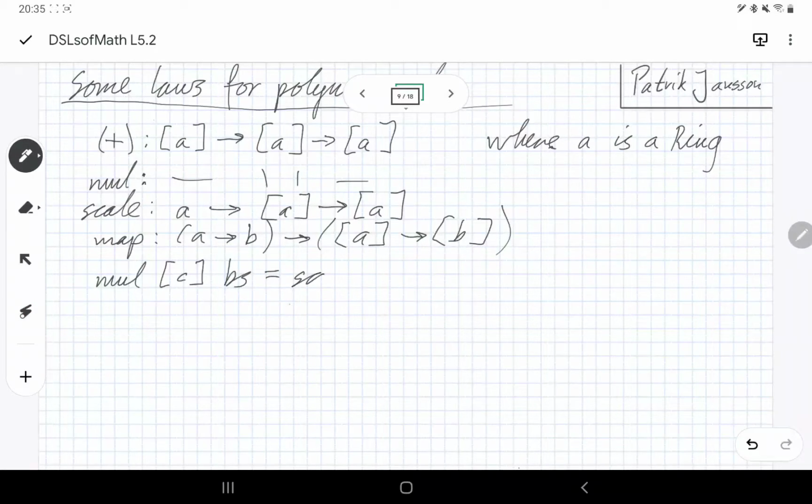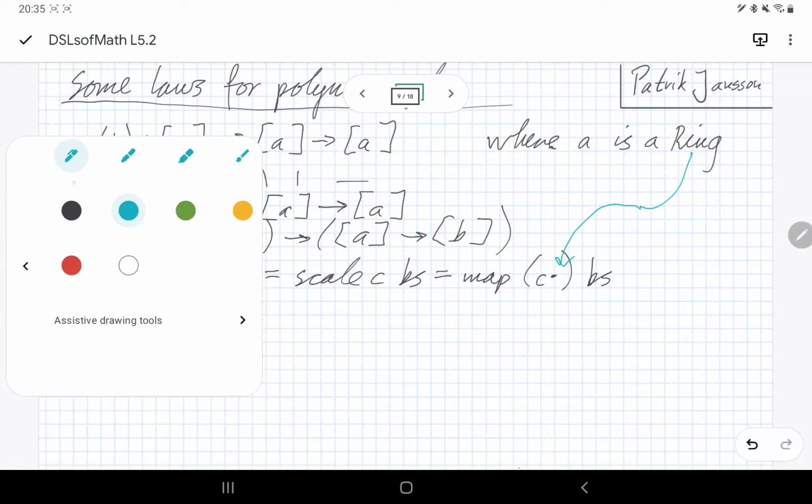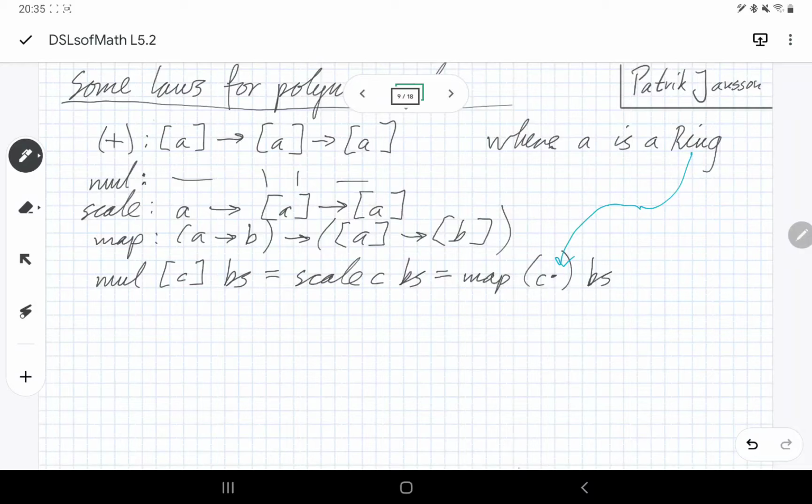So this should be equal to scale C BS. And that in turn, scaling, can be written using map: map C times BS, where then this multiplication operator comes from the ring. Okay, so that is multiplication with a singleton list.